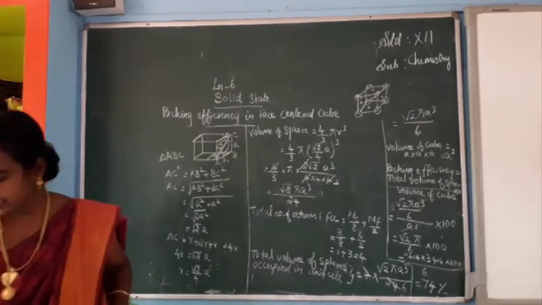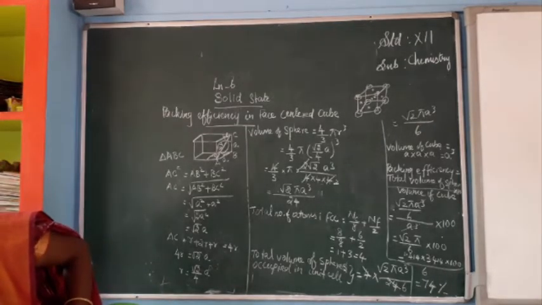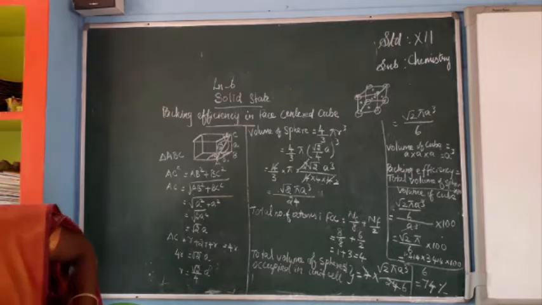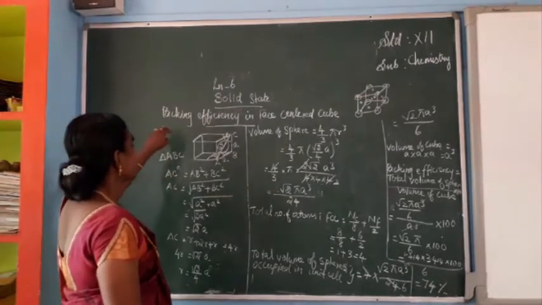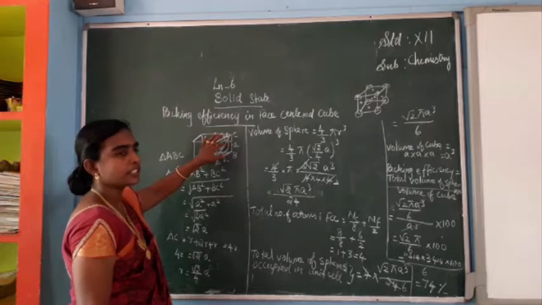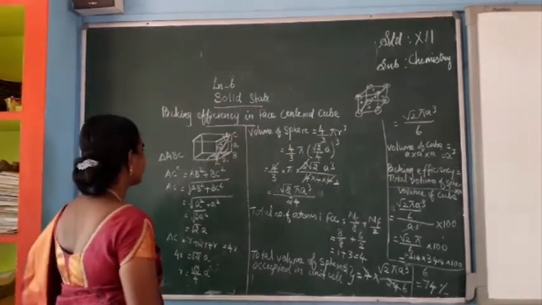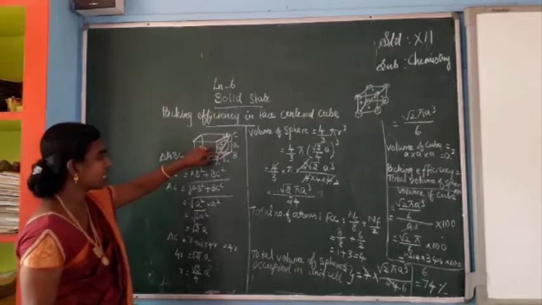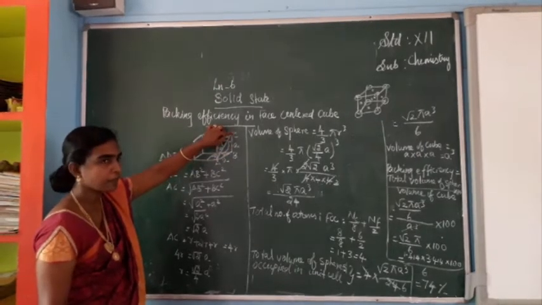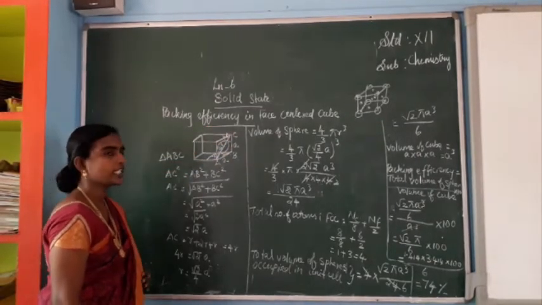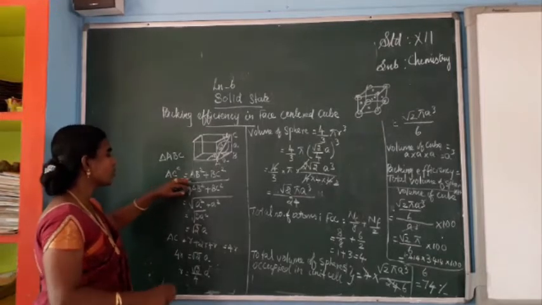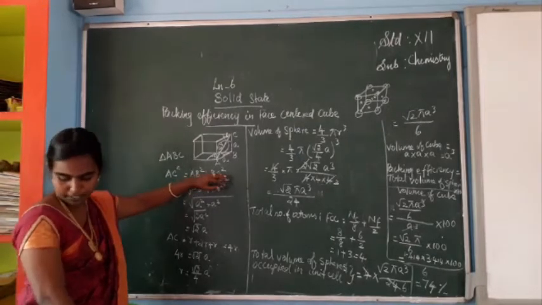packing efficiency in the face-centered cube. So the face-centered cube, along with the corner atoms, has atoms in the 6 faces also. So consider this triangle ABC. Here, according to the Pythagoras theorem, AC square is equal to AB square plus BC square.